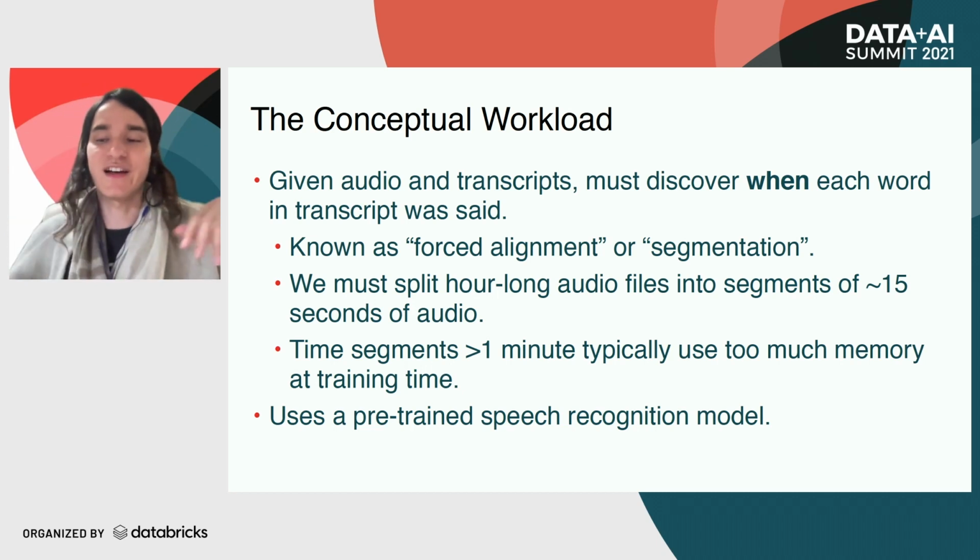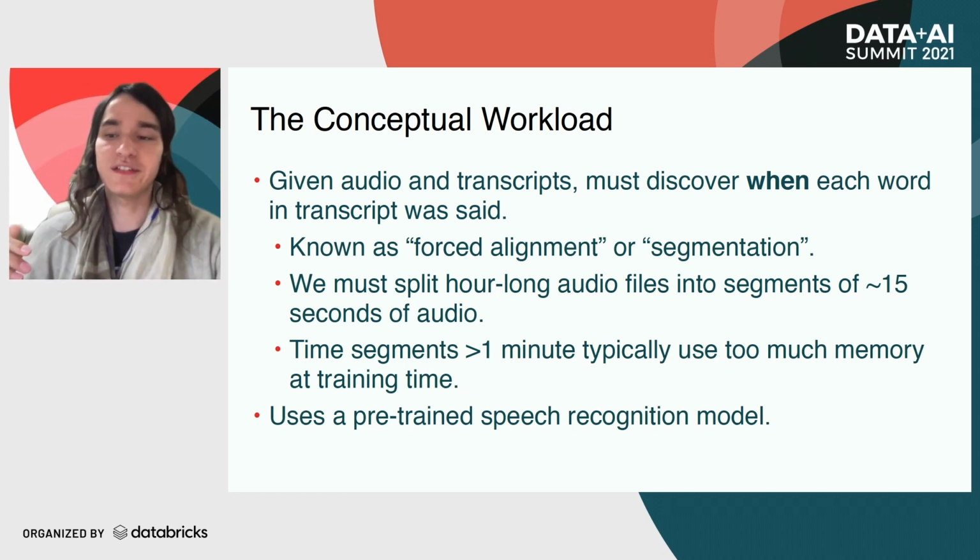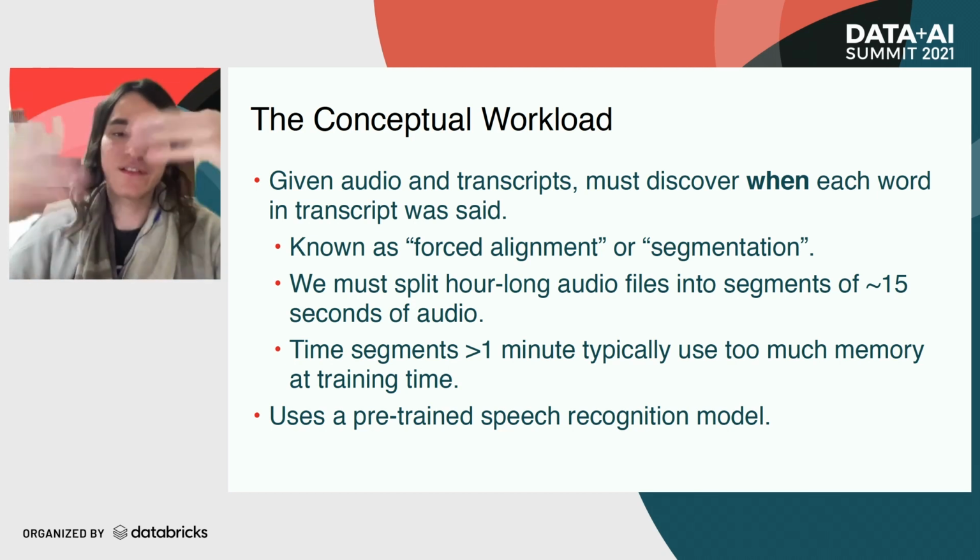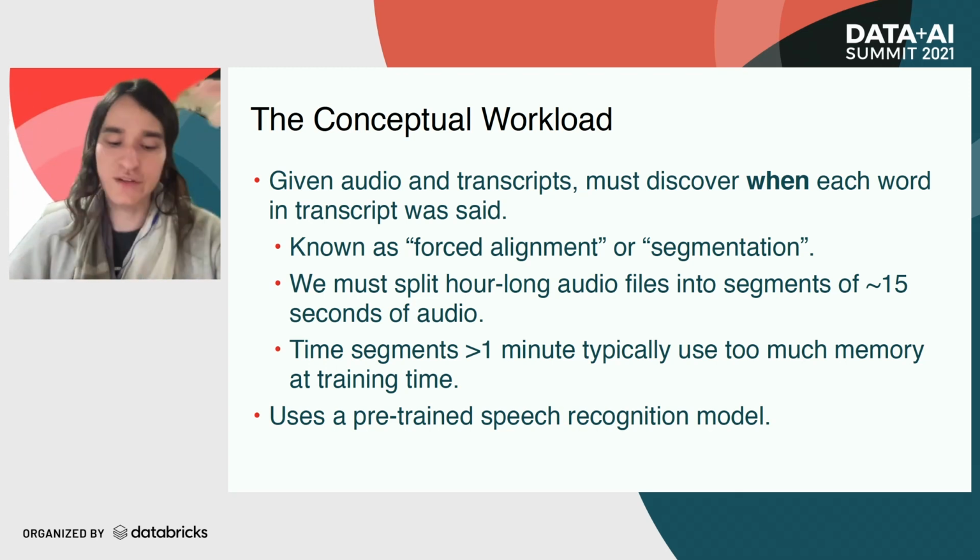That doesn't work today because, due to how deep learning training works, you get a linear growth in your memory usage as your time sequence goes on. So anything over about a minute is going to use too much memory at training time. You'll get an out of memory error on your machine learning systems. So this forced alignment process is essentially a necessary evil to produce a usable training data set.